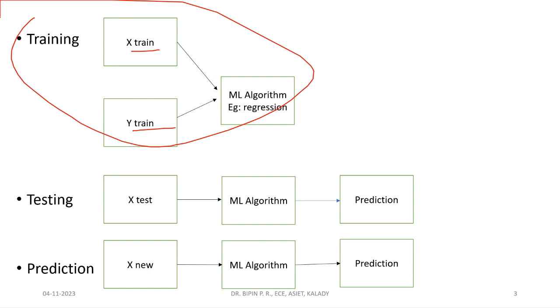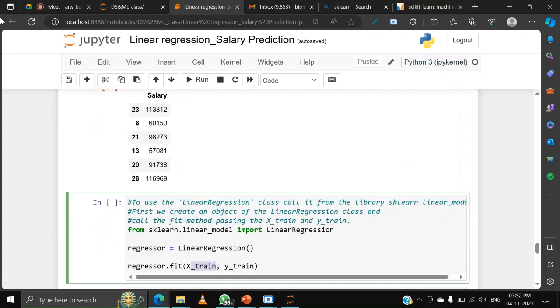We have to feed both X train and Y train. So regressor.fit of X train, Y train. This much is necessary, and we have completed our linear regression.